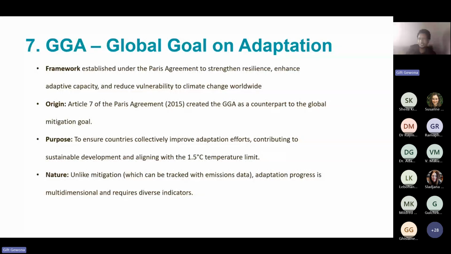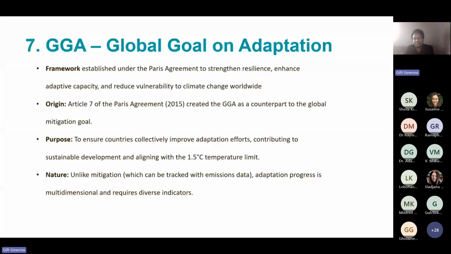This originated from the Paris Agreement, Article 7, which created the global goal on adaptation as a counterpart to the global goal on mitigation. The main purpose is to collectively improve adaptation efforts for sustainable development, aligning it with the 1.5 degrees temperature limit.